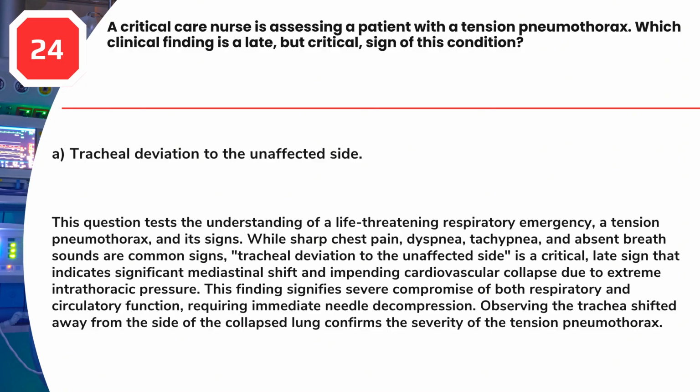This finding signifies severe compromise of both respiratory and circulatory function, requiring immediate needle decompression. Observing the trachea shifted away from the side of the collapsed lung confirms the severity of the tension pneumothorax.